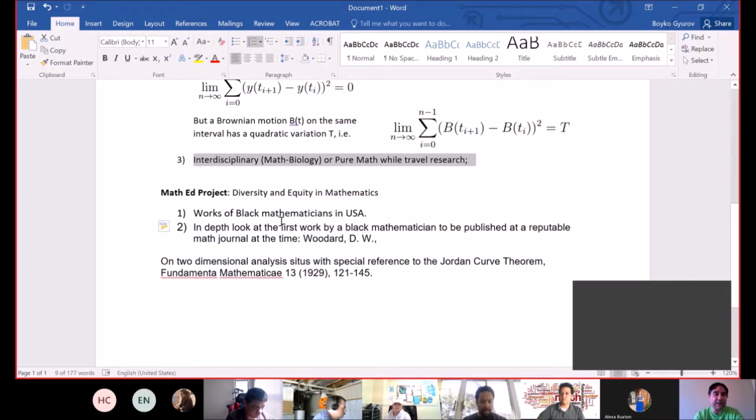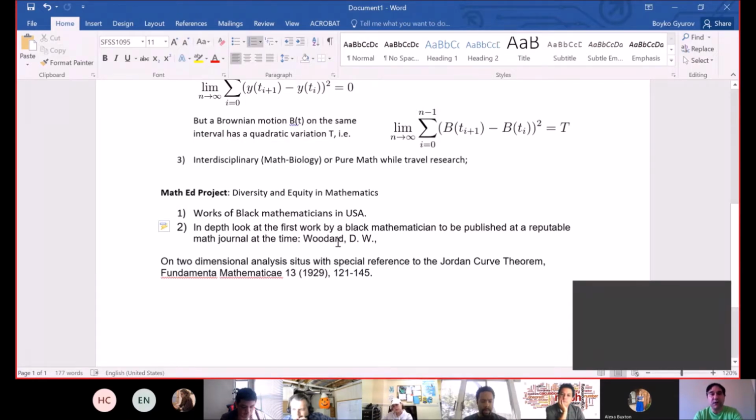And finally, another angle that I started working on recently, because I'm on the diversity and equity committee at SST, and I started studying deeper the ideas of Black mathematicians, female mathematicians, Asian mathematicians, and their contribution in, say, US mathematics. And they're fascinating works.